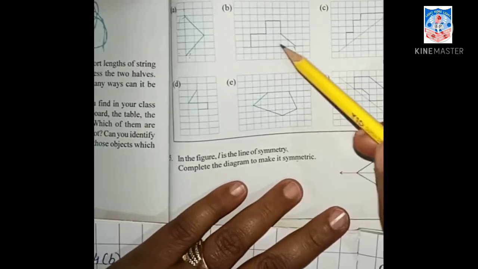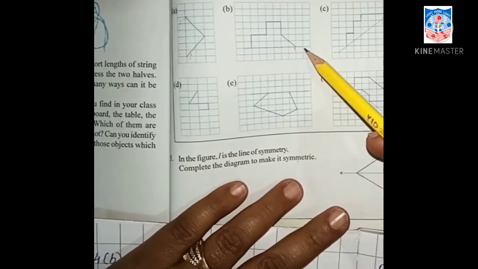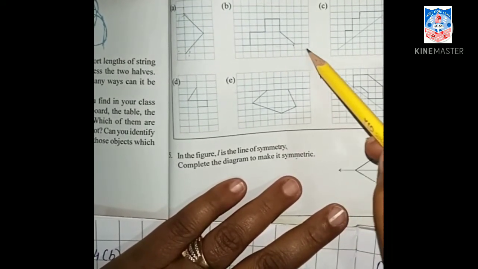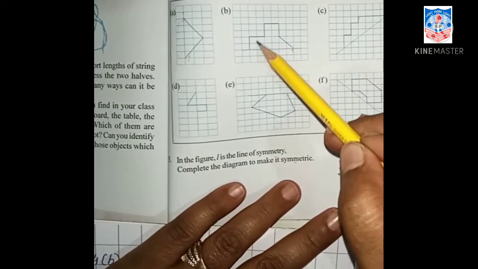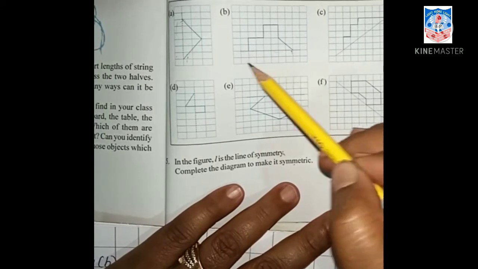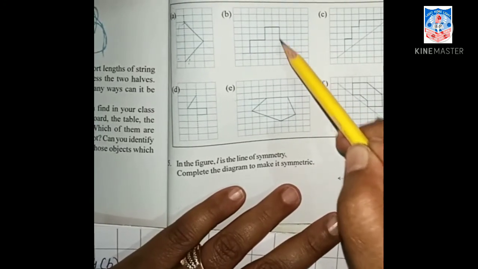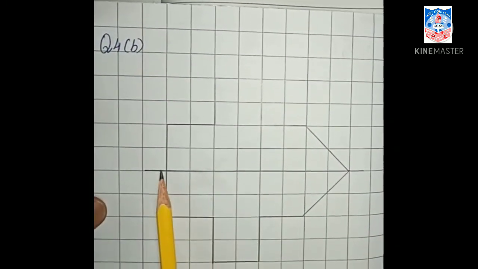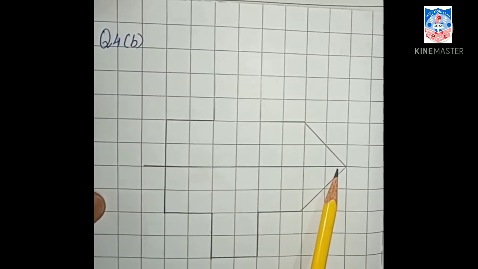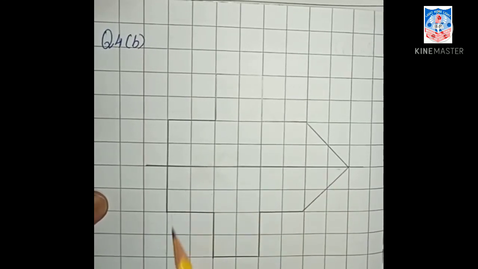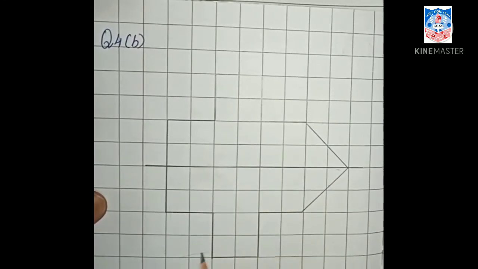Figure B. Now see, this is the dotted line and a line of symmetry. Here this is the figure. Then here also the figure will be exactly the same, you have to draw here. Now see, I have done this for you. This is the line of symmetry. Here I have done the same portion for you.